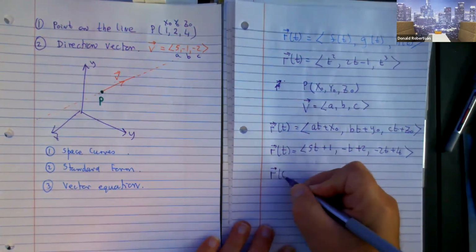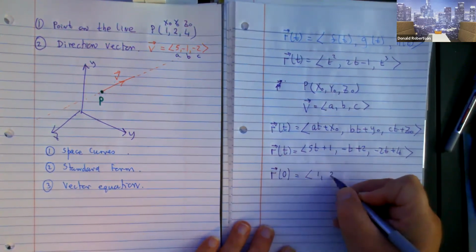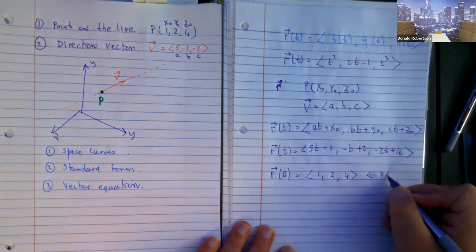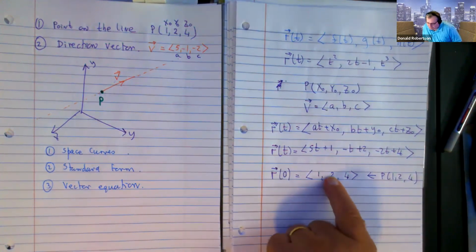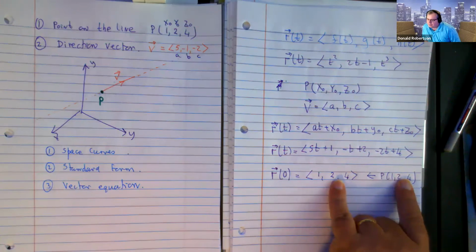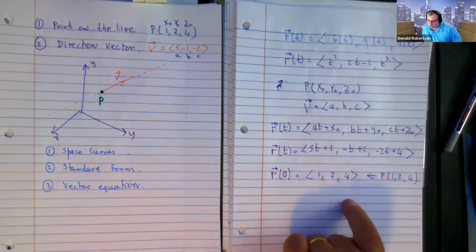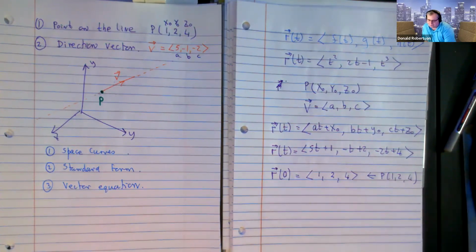If I evaluated this space curve at t equals 0, wouldn't I get 1, 2, 4? Wouldn't that be the coordinates of the point 1, 2, 4? A position vector is equivalent to a coordinate, right? A position vector is a vector from the origin to that point. Well, isn't the origin to that point the same information as the point 1, 2, 4?